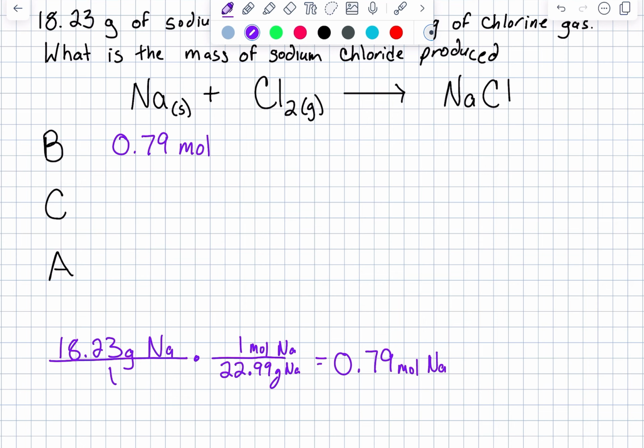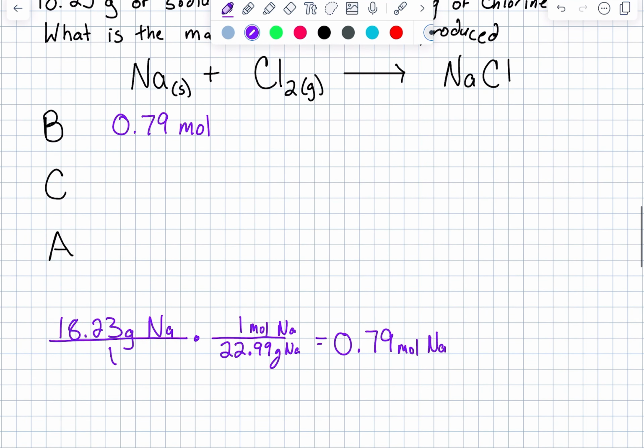Now for my chlorine. My chlorine, I have 34.85. Keeping in mind that this is chlorine, Cl2, when I do my molar mass, I need to do the molar mass of Cl2. And so since 1 chlorine is 35.45, 2 chlorine is going to be 70.9.